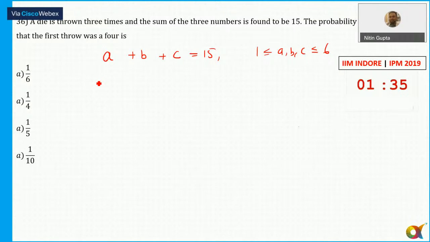There are two different approaches. Now, I'll tell you the approaches.